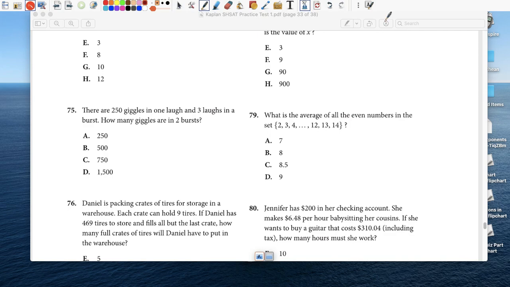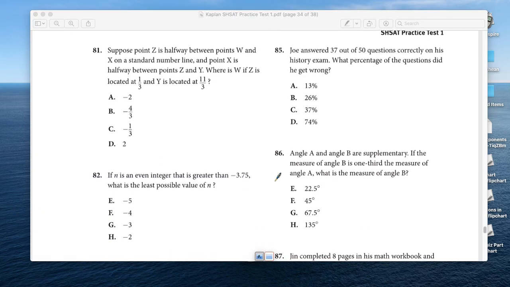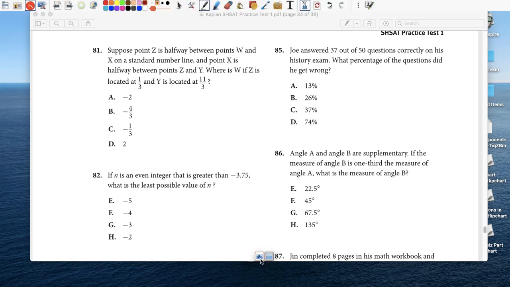81. We have a point W and a point X. Point Z is exactly halfway, okay, on the number line.